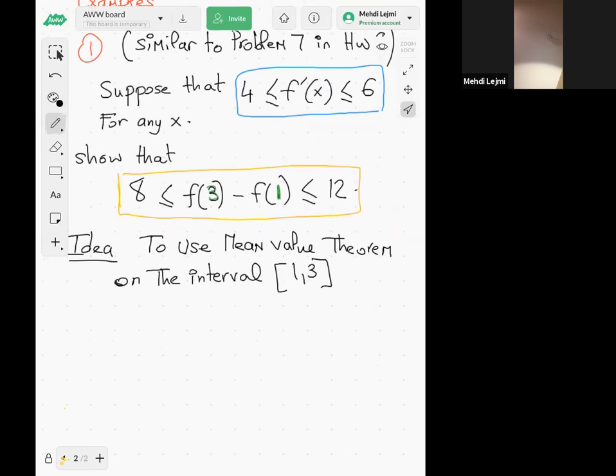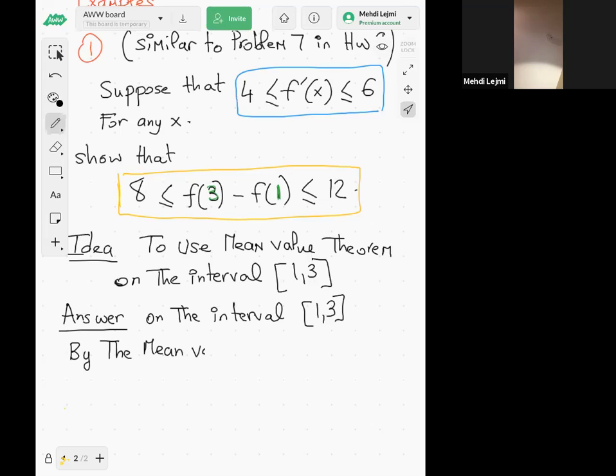So on the interval 1, 3, by the mean value theorem, what does it say?